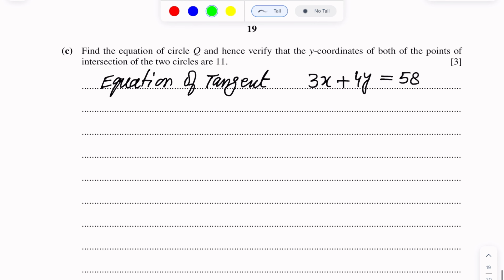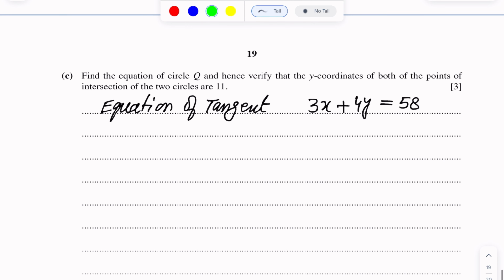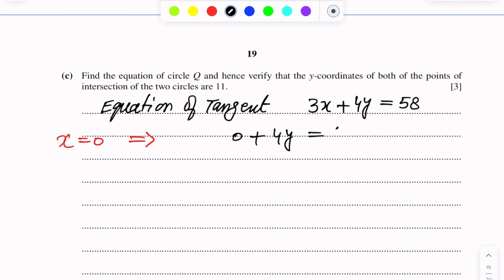Putting x equal to 0, we get the center of the circle Q. Putting this value of x here, we get 0 plus 4y is equal to 58.